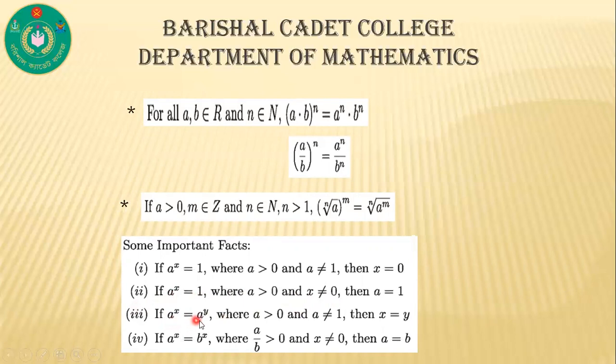If a to the power x is equal to a to the power y, where a is greater than 0 and a is not 1, then x is equal to y. If a to the power x is equal to b to the power x, where a, b are greater than 0 and x is not 0, then we can write a is equal to b. Remember these things.